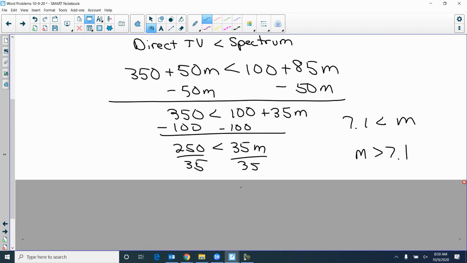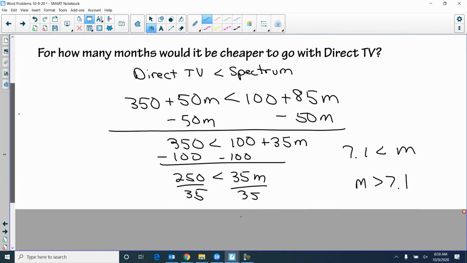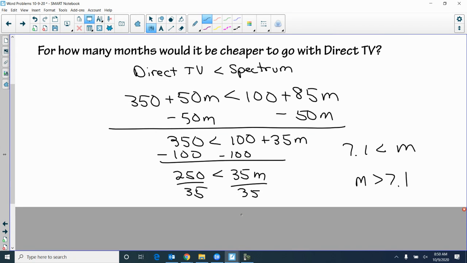All right, now how do you answer this question? It says, for how many months would it be cheaper to go with DirecTV? All right, think about that. How would you answer that question? Okay, Christian? It would be cheaper for 7 months. No, it wouldn't. Because read that. What does that say? M is greater than what? Oh, it's 7.1. So how would you answer that? 7 months is not bigger than 7.1.